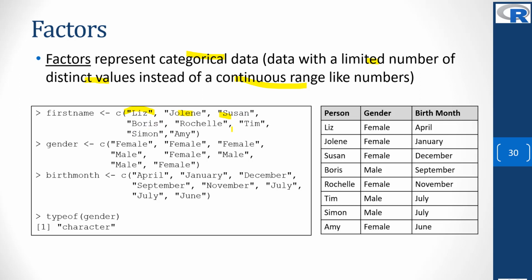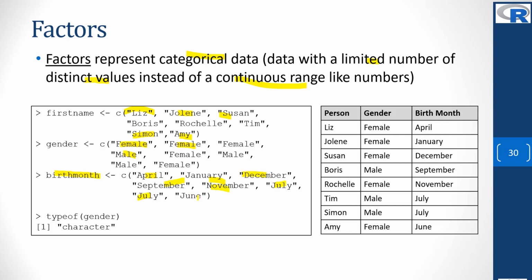There's 1, 2, 3, 4, 5, 6, 7, 8 possible values. We have gender, which is, in this case, just female or male. So you have 2 possible values for those. Then you have a birth month, which is the 12 months of the year. Well, maybe not in this case. We have 1, 2, 3, 4, 5, 6.